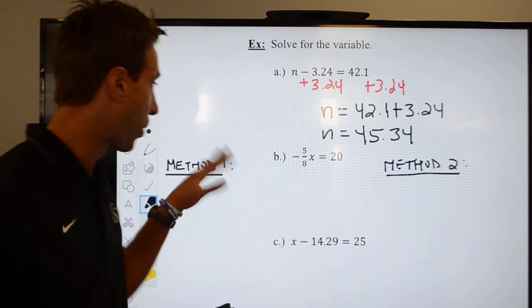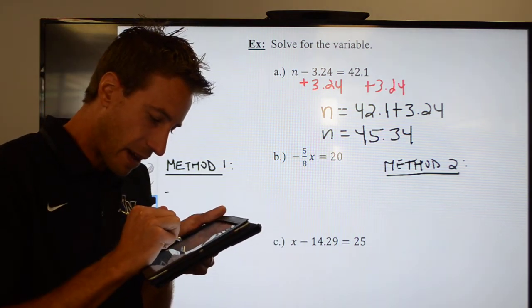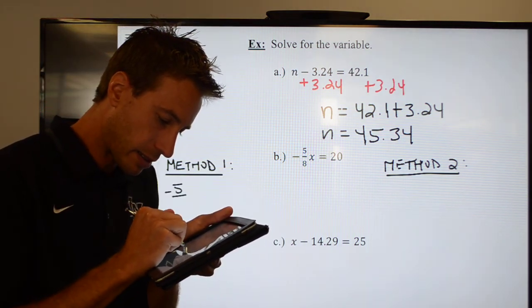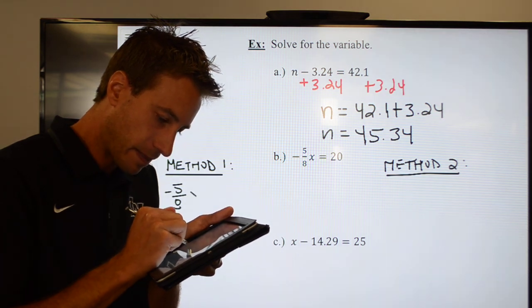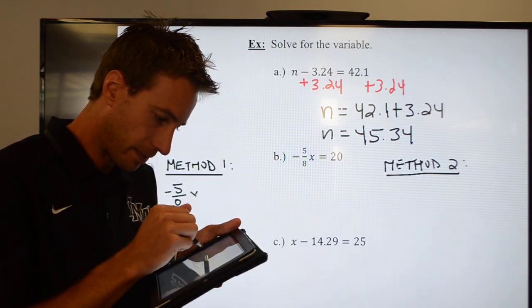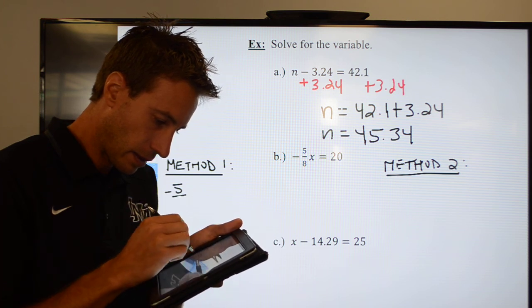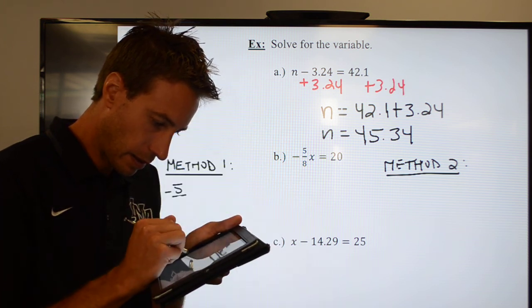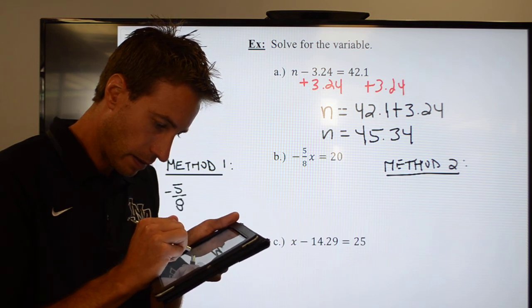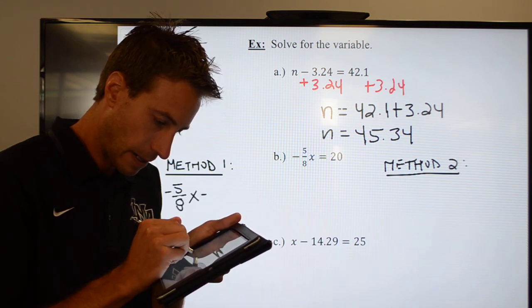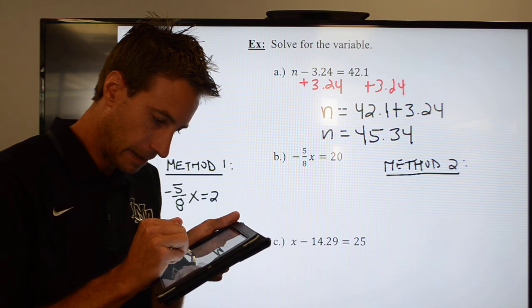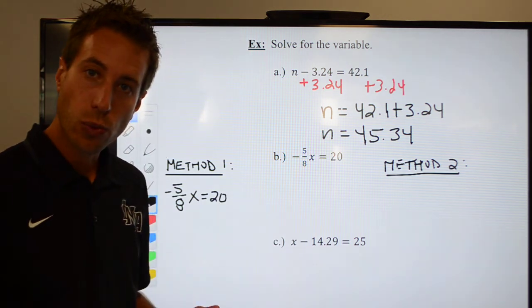Let me rewrite my problem here for method one. So I have negative 5/8 x is equal to 20. Now, here's what I can do.